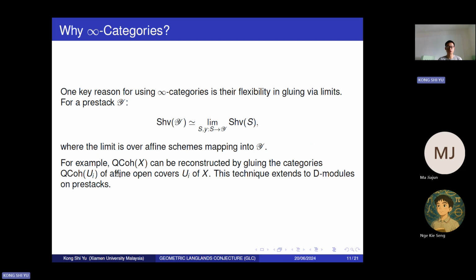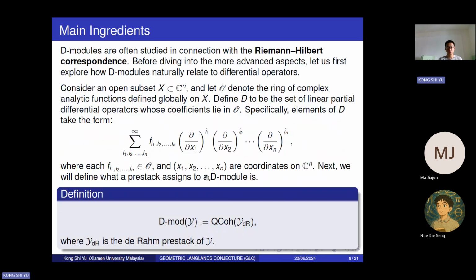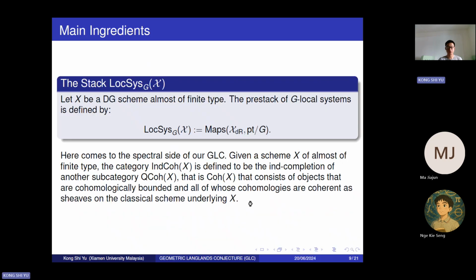For example, the quasi-coherent sheaves that we've seen just now are constructed by gluing the categories of affine open covers of X. This also extends to D-modules, just like how I defined previously, but in this case our prestack is a de Rham prestack.